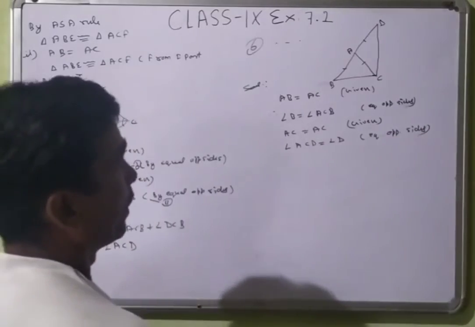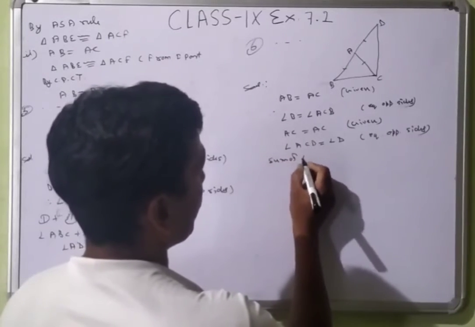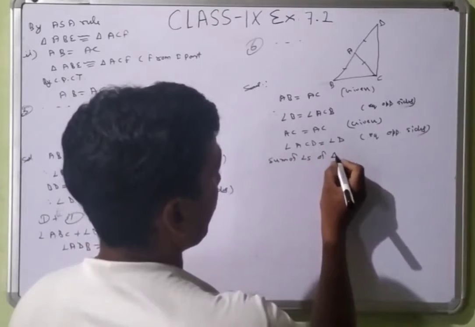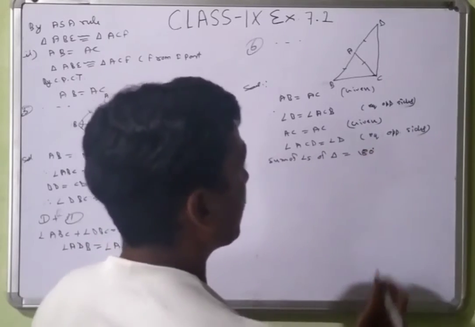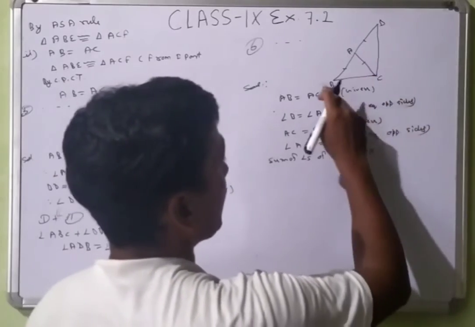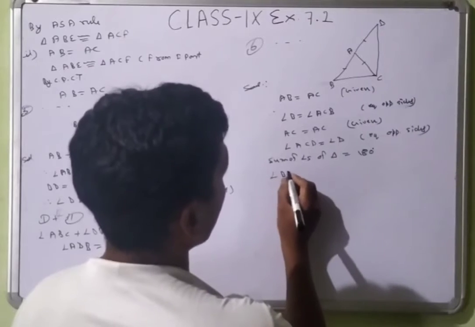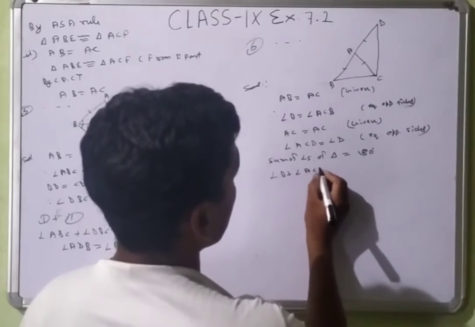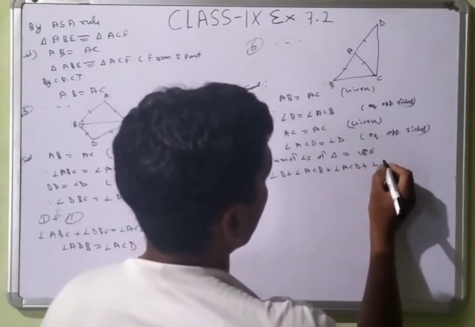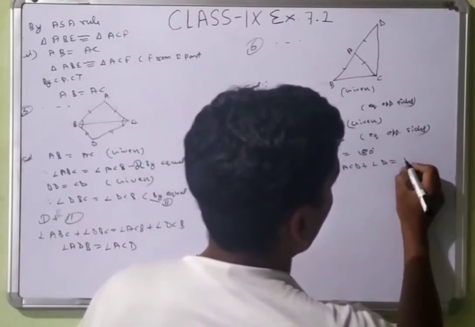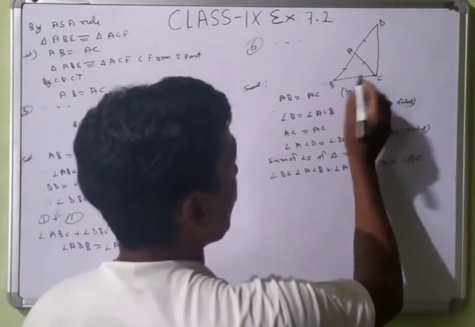Right? Now we know that the sum of angles of a triangle is equal to 180 degrees. For the triangle BCD, angle B plus angle ACB plus angle ACD plus angle D is equal to 180 degrees. In triangle BCD, there are four angles.